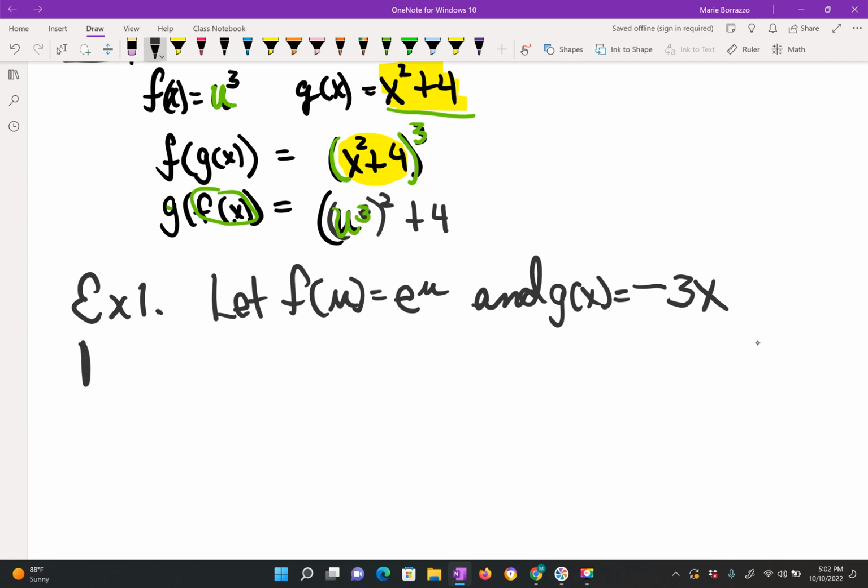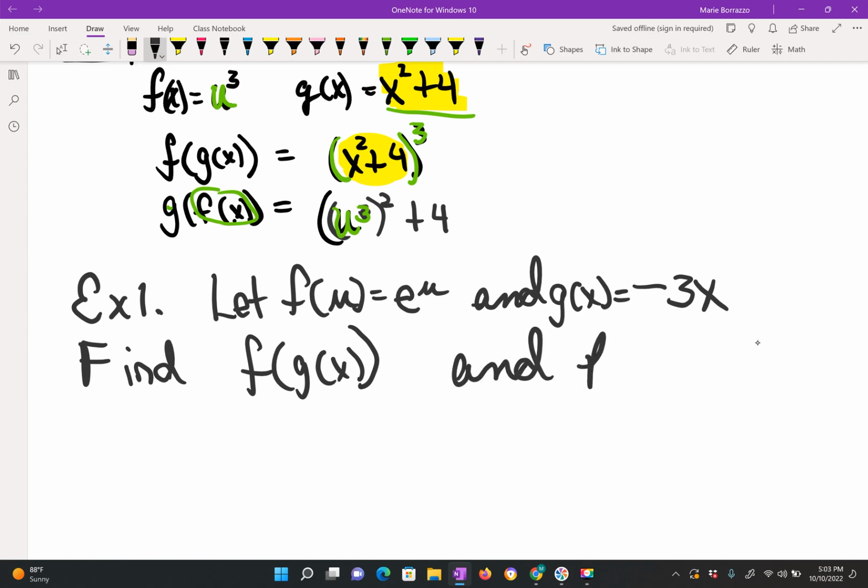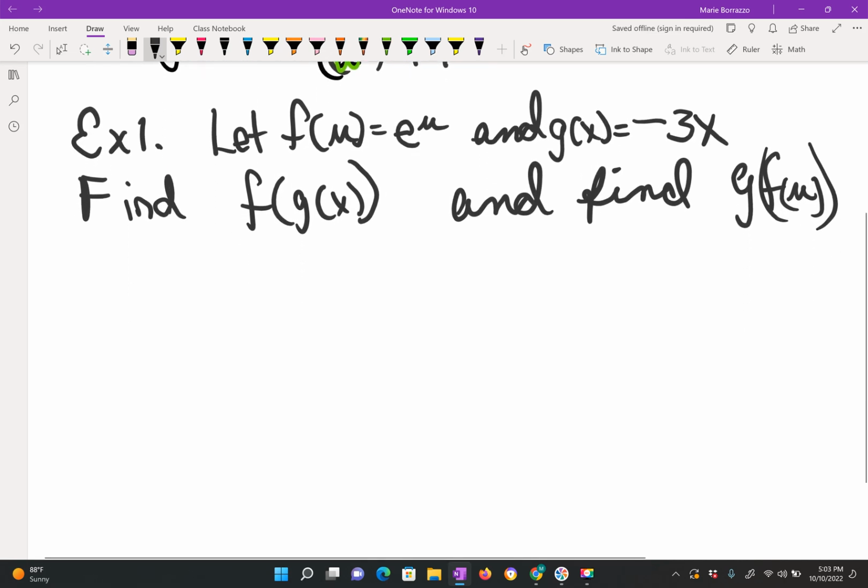If you look at the simplicity of this, they're asking you to find f of g of x first, and secondly to find g of f of u. So we have two problems to do here.